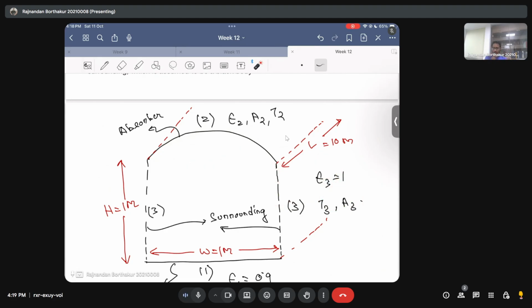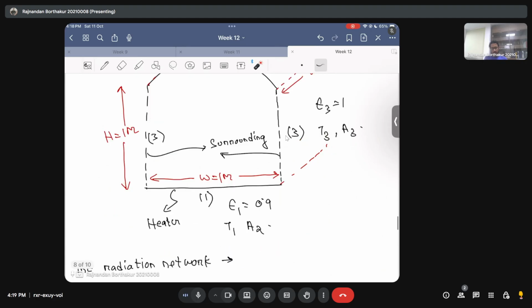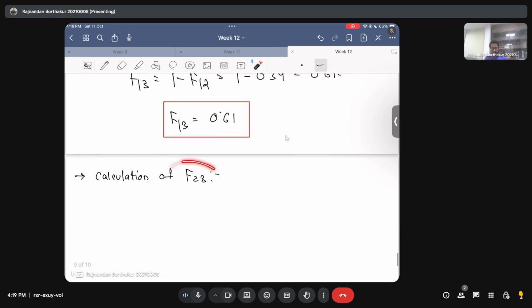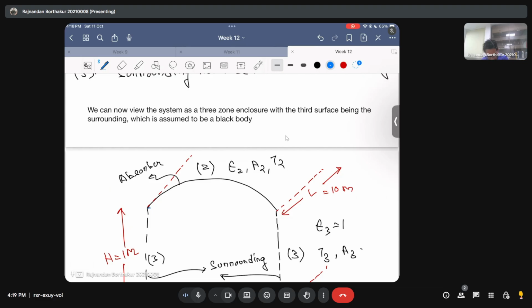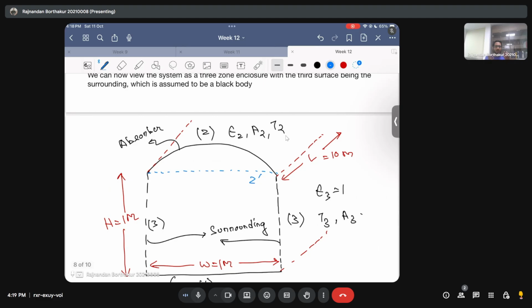But what we will now do is, in order to calculate this unknown F23, since the reciprocity relation failed and the summation rule failed here, we will consider, so this is important and please pay attention, a fictitious surface, something like this, and we'll name this surface 2 prime, where 2 prime is not a real surface, it's a fictitious surface.